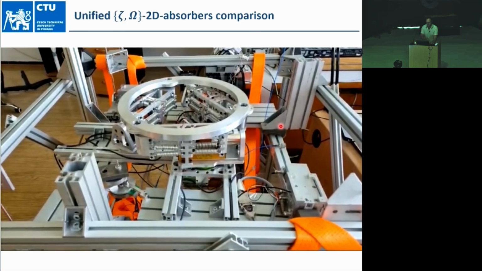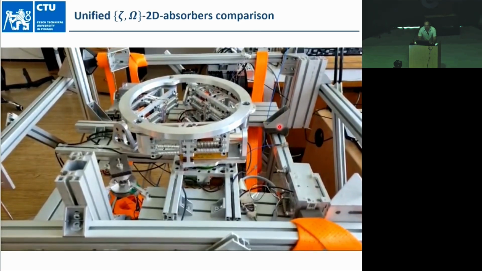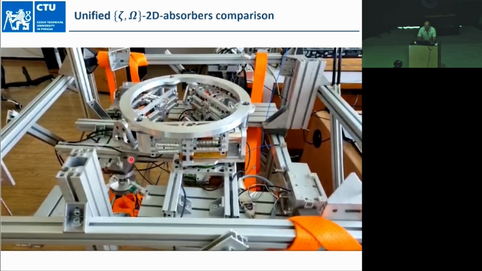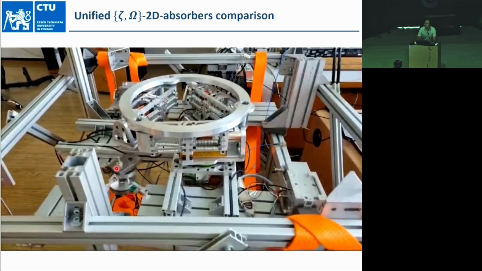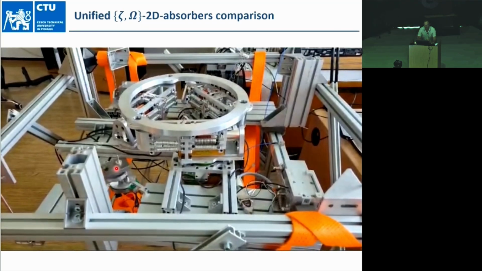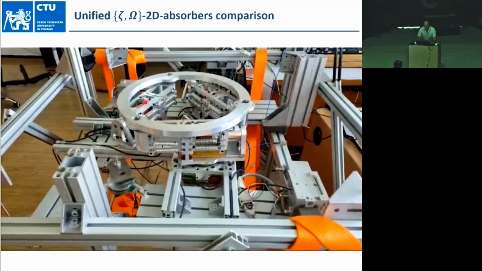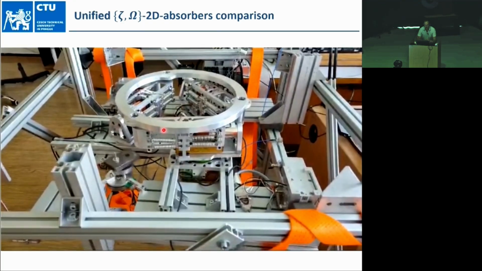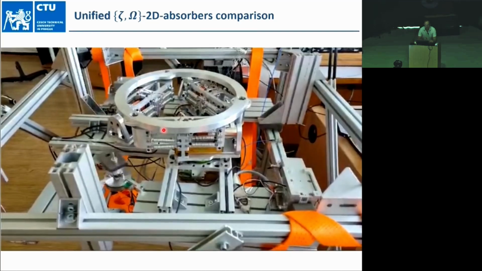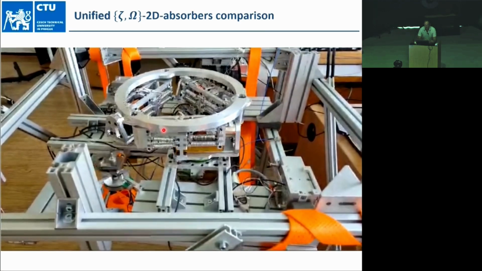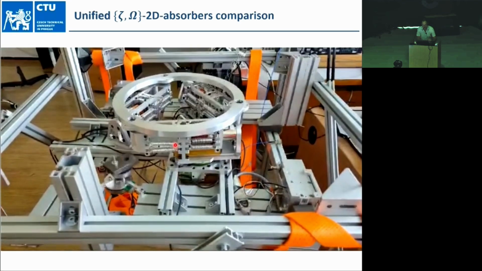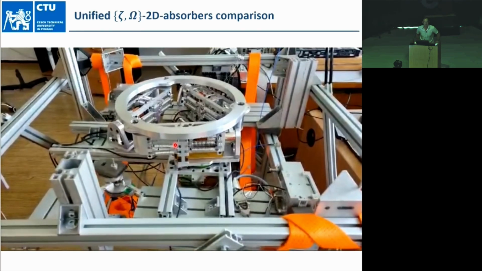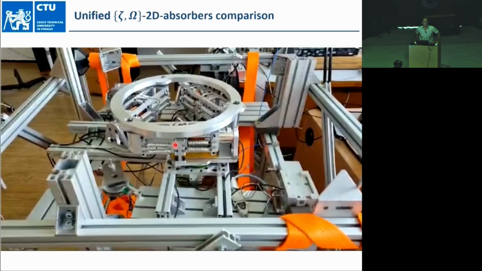Yeah, so here are the first results, just taken on a mobile phone. So the quality is not very good. You see that it's now excited by this excenter. So now the absorber is not working. Actually, it showed up that even though we used quite fine bearings, still the friction plays a big role.